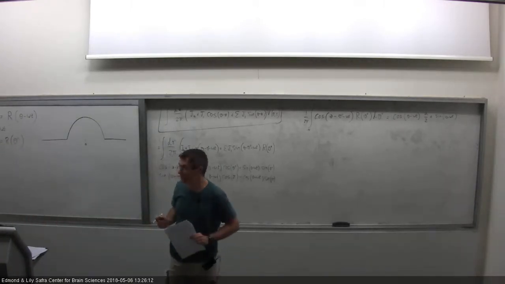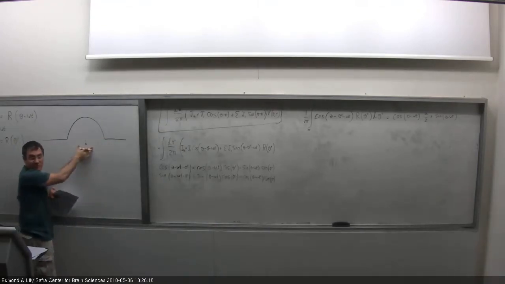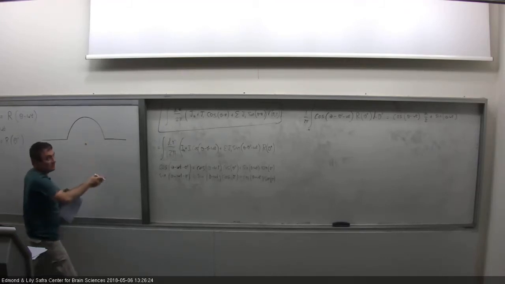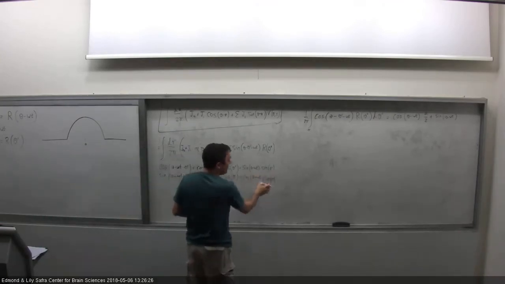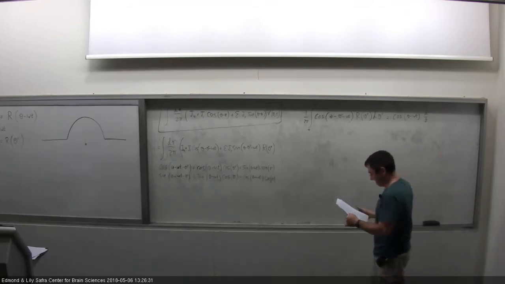Let me repeat it: the original bump is symmetric relative to 0, and therefore B1 is equal to 0. So the second integral will make no contribution.